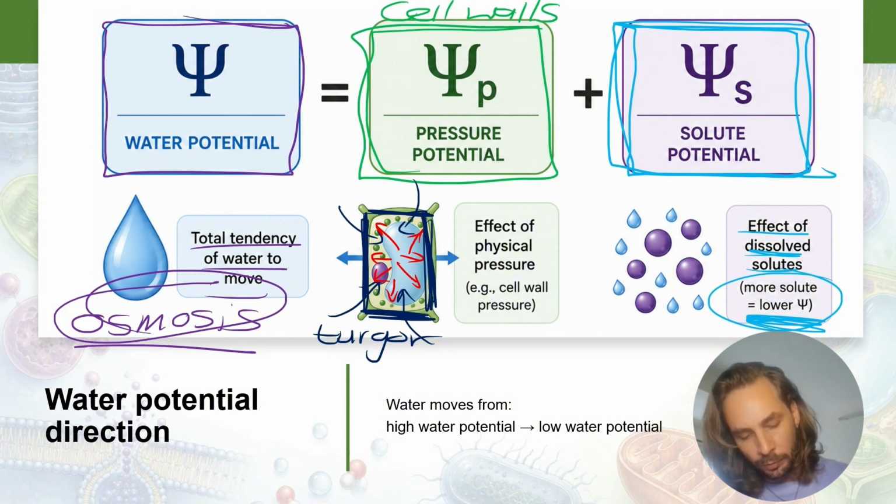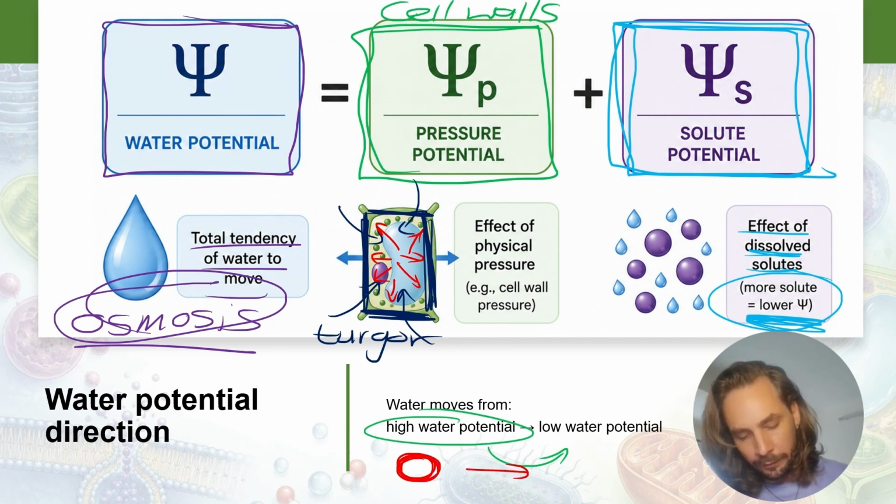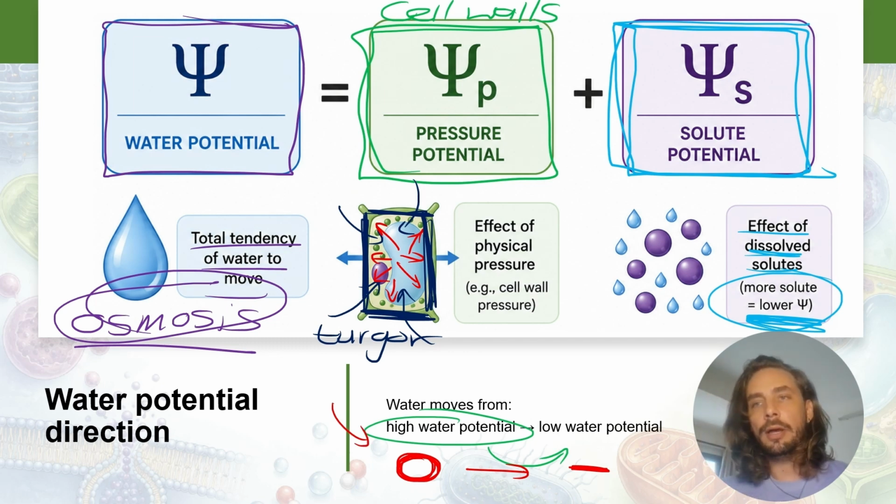And water would always move from a high water potential to a low water potential. The highest water potential can get is 0. And it will always move to a number that is negative. Why I say the highest water potential is 0, I'll show you when we do the formula. Or I can just explain it here.